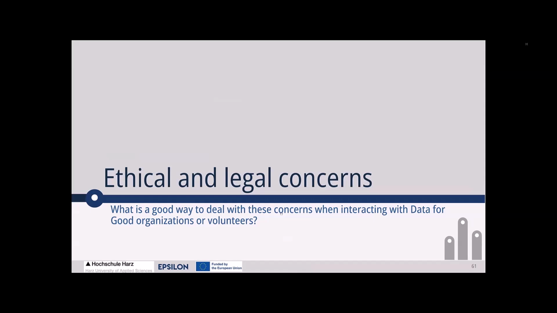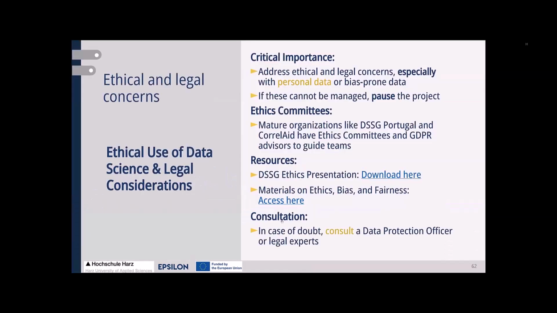So when it comes to the ethical and legal concerns, what is a good way to deal with these concerns when interacting with data for good organizations or volunteers? The ethical and legal concerns are linked to the importance of personal data. What you have to address is every concern from an ethical and legal perspective when you work with personal data.